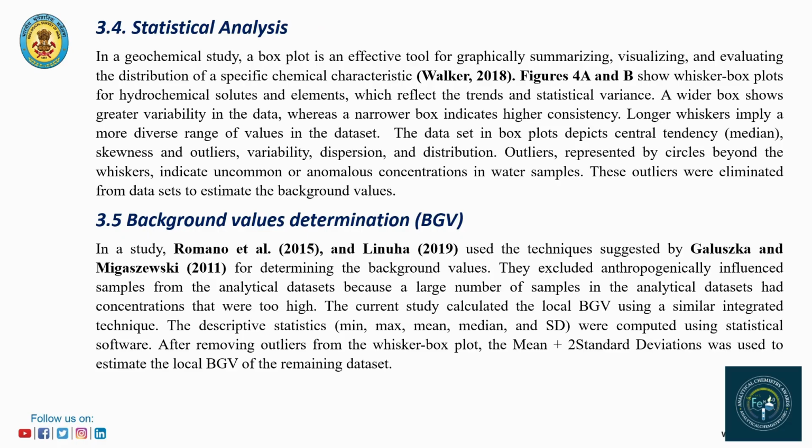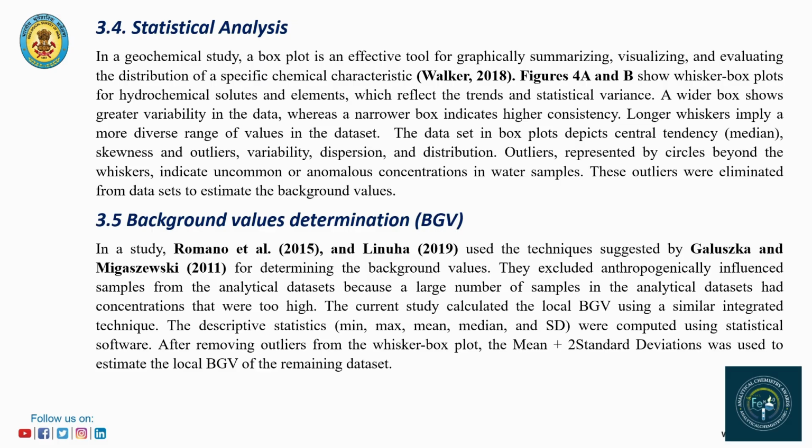The box plot depicts central tendency, median, skewness, outliers, variability, dispersion, and distributions. Outliers represented by circles beyond the whisker indicate uncommon or anomalous concentrations in the water sample. These outliers we have eliminated from the dataset to estimate the background values.